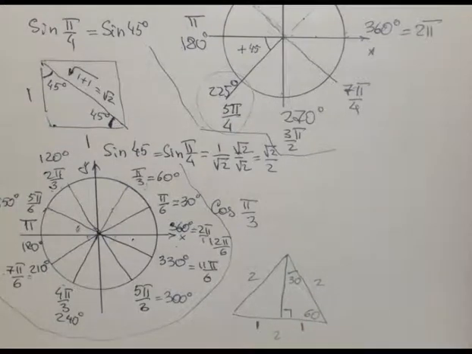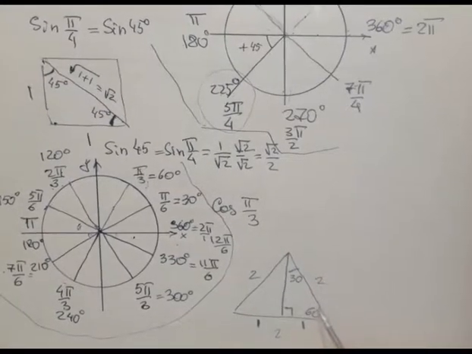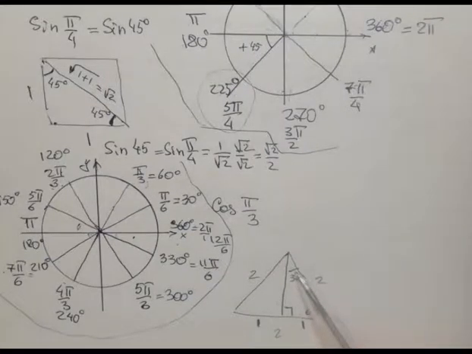So you see that we have a 30-60 triangle, and we can find all the trigonometric functions of 30 and 60 degrees from this triangle.